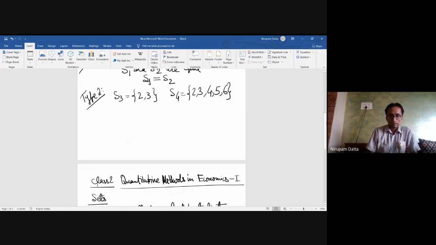So we can see all elements of S3 are contained in S4.